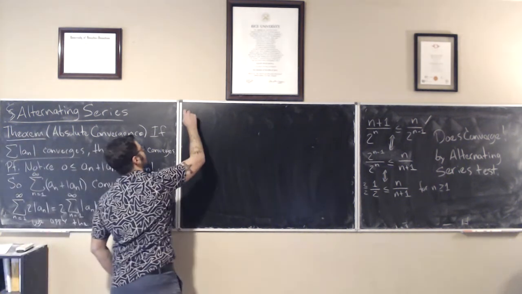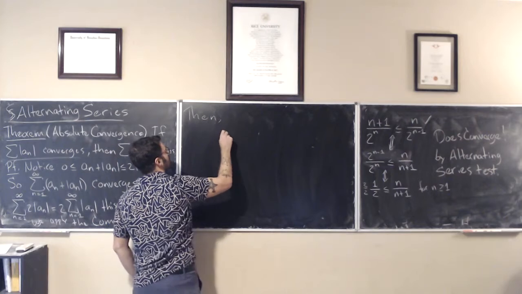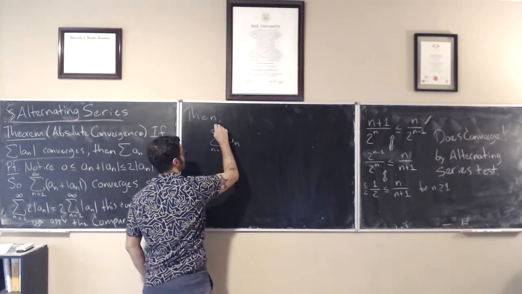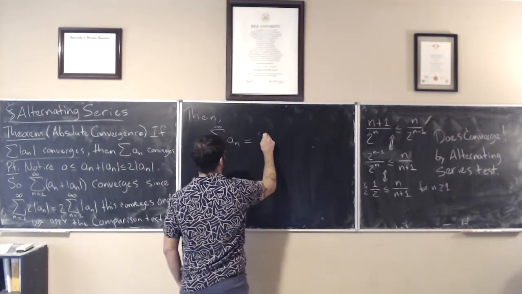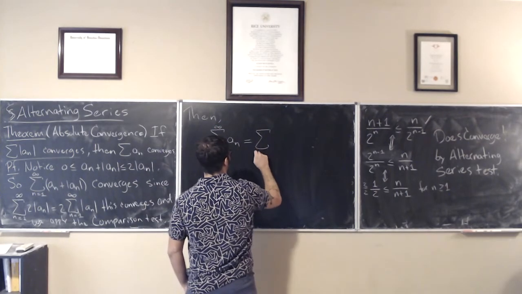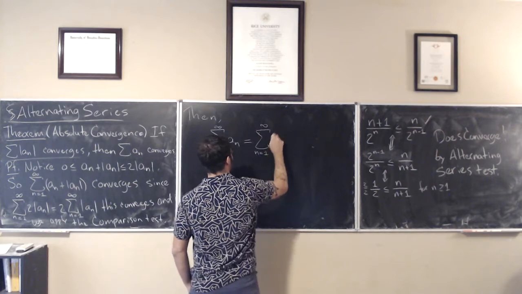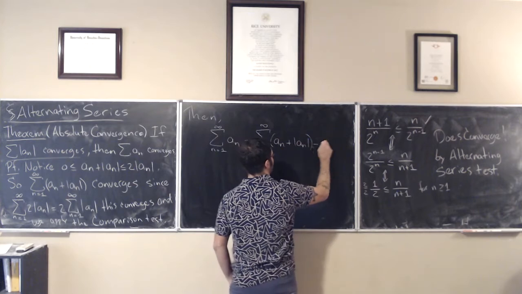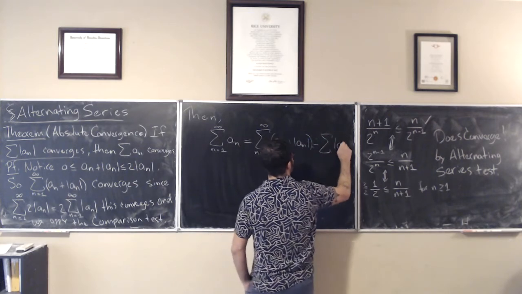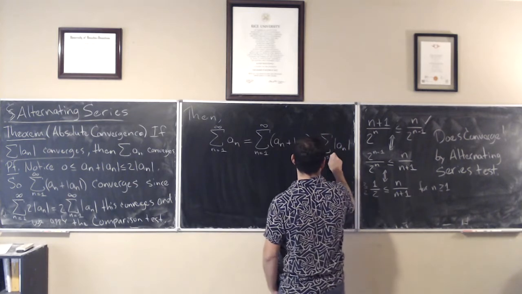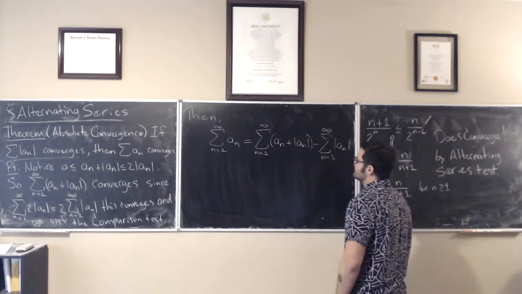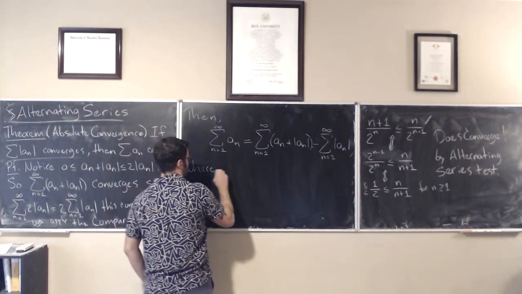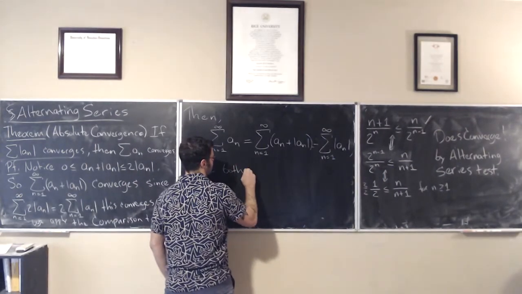So then the sum of a sub n is actually equal to this sum, which we know converges, minus this sum, which we also know converges, where both series on the right converge.